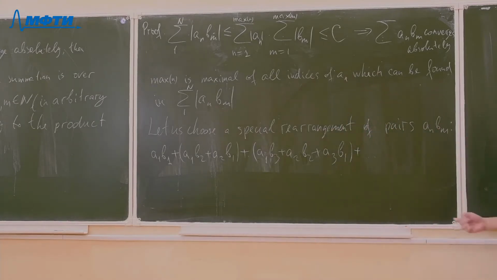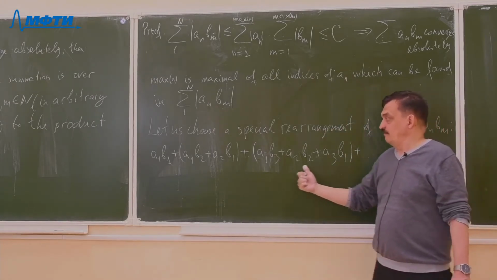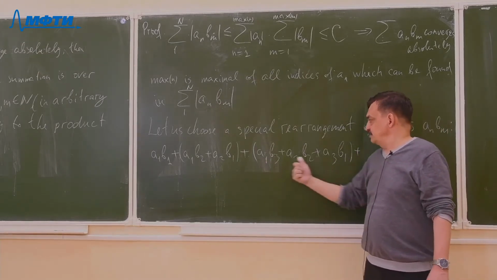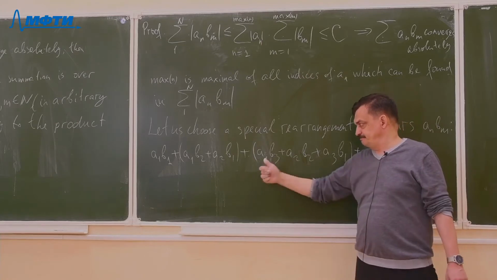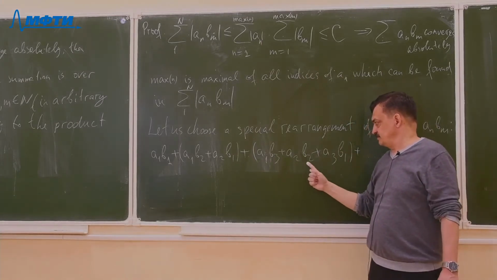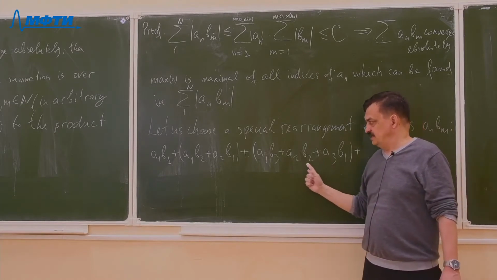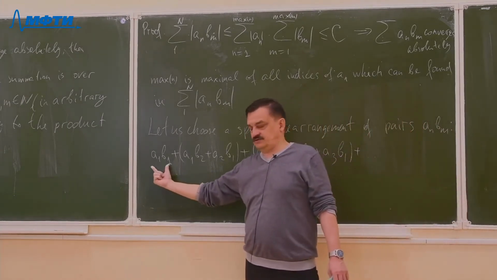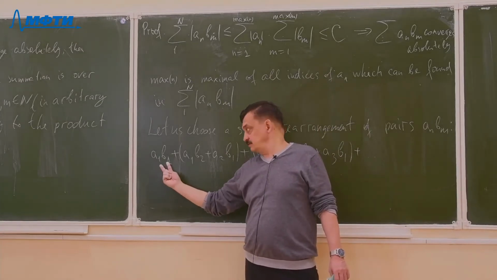You see, for each expression in brackets, the sum of indices of A, B is constant. So, for the first term, the sum is 2.